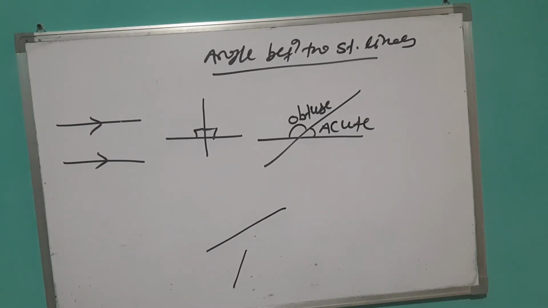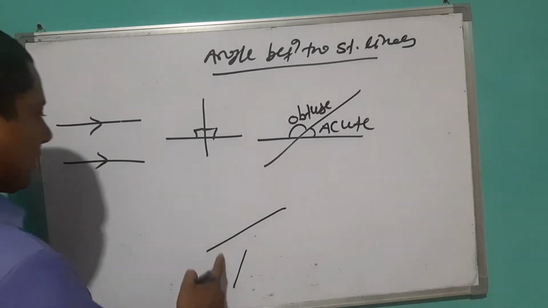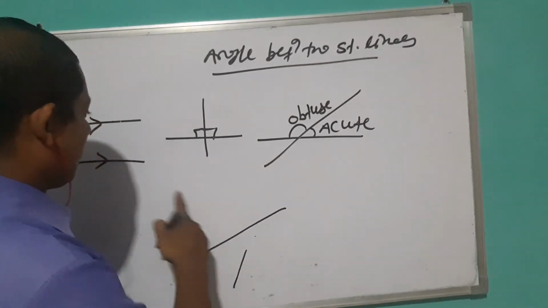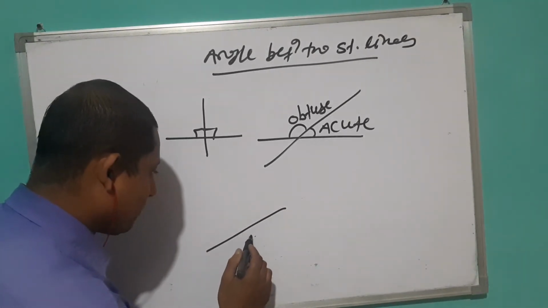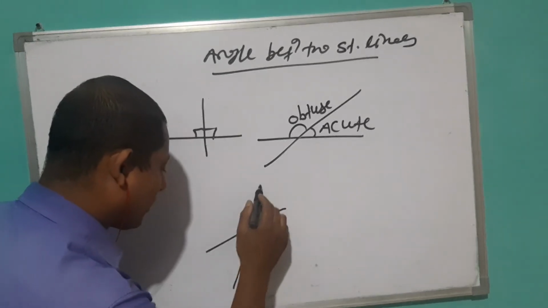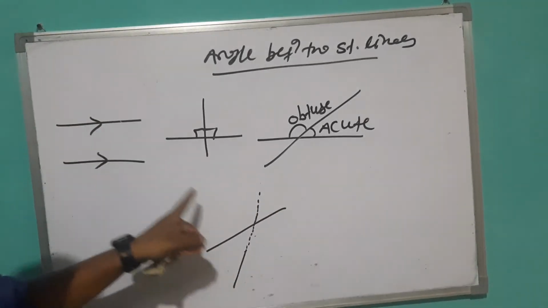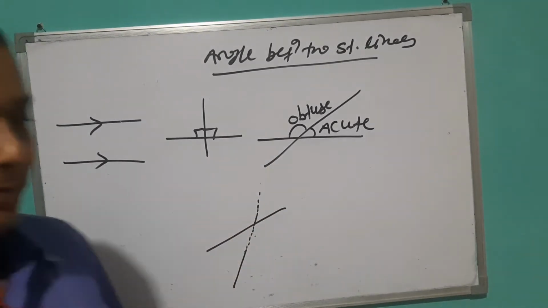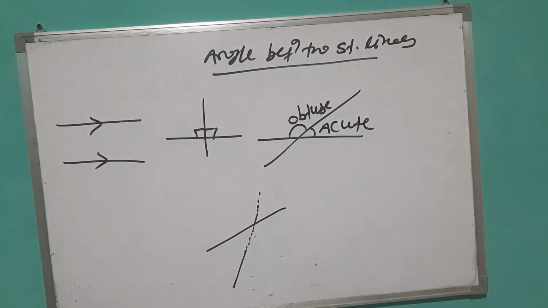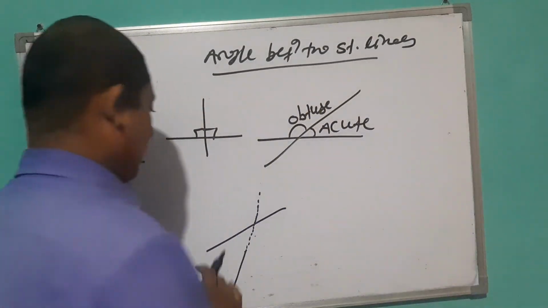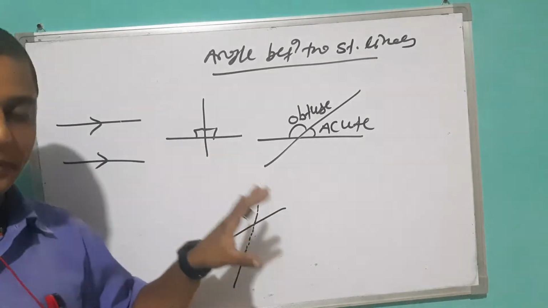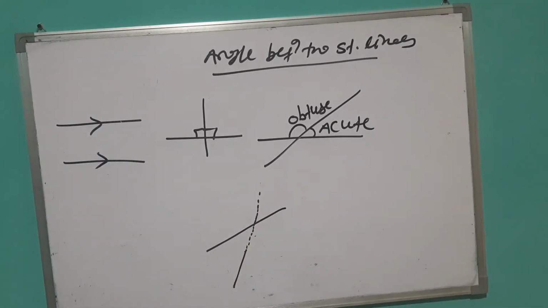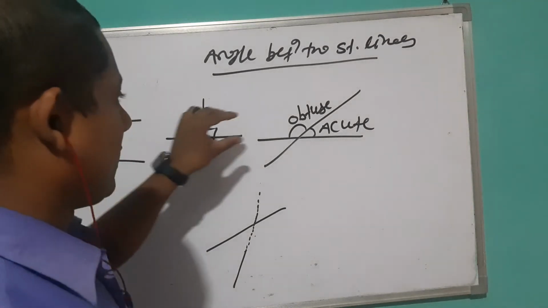Right now they are not intersected. Then don't say that this is a fourth option. No. If you produce it, then naturally it will form one of these three options. I hope you are getting it. So there is no fourth option: you can draw two straight lines only in these three ways.